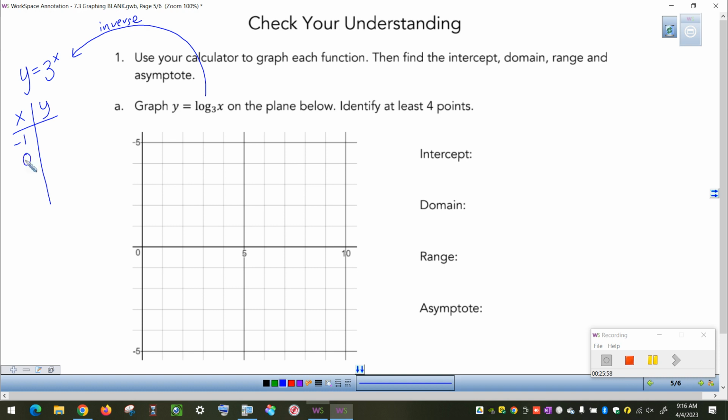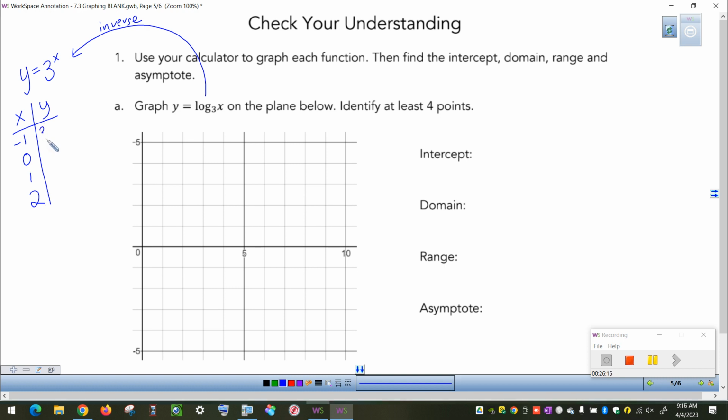And it's good to get some negatives. We'll do a negative x value, we'll do -1, we'll do x is 0, x is 1, x is 2. Remember, the domain for an exponential is all real numbers, so any type of x value can be plugged into this one.